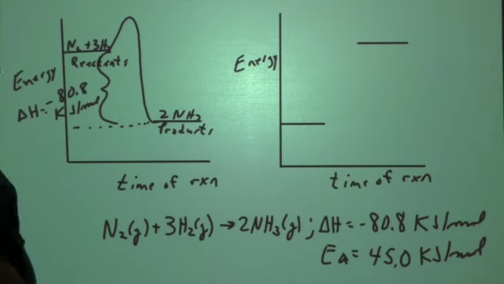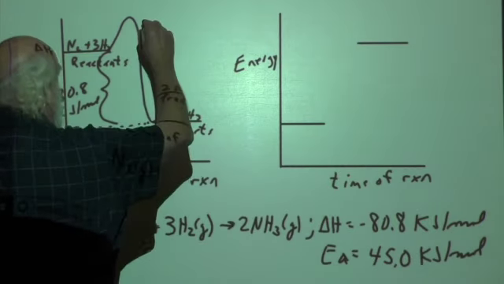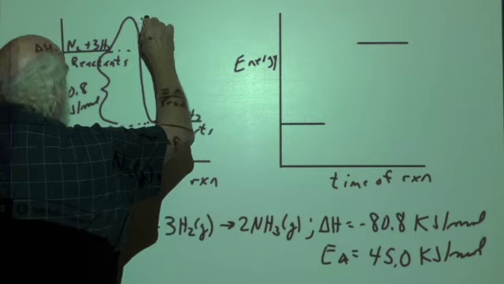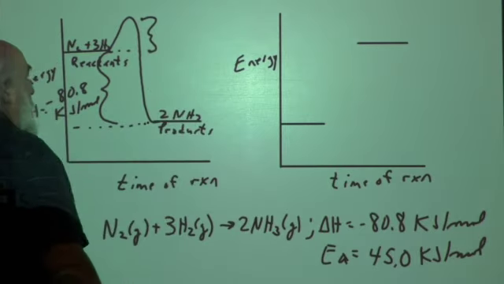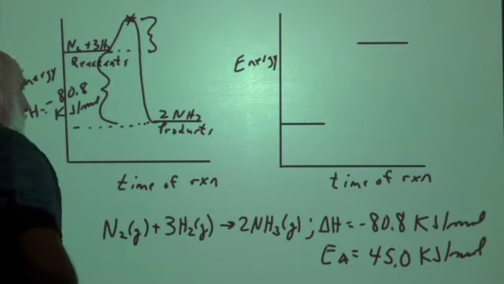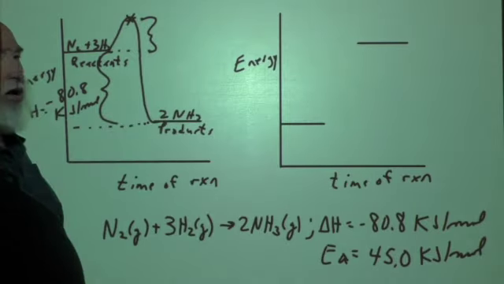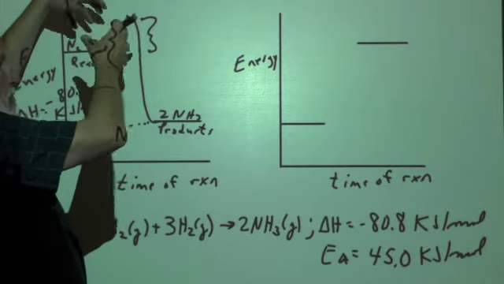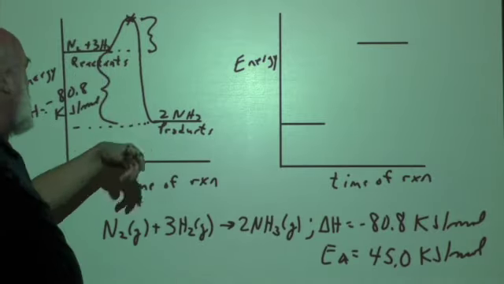Now, from this point right here to the top of the hump, that hump is where something has to be created in order to allow it to fall back down over here. So the energy is given off and stuff is created here, it's really unstable, and then it reforms something else.